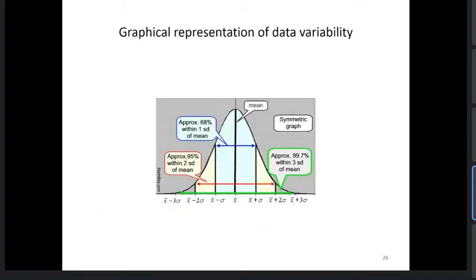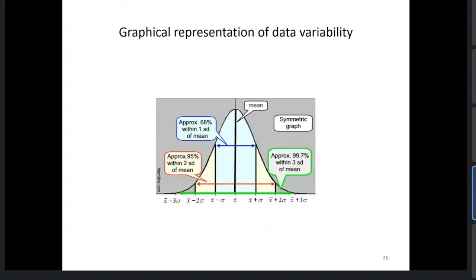This is the graphical presentation of the data variability. What does it mean? You see the mean value here, okay, and all the data points lie on both sides of the mean value. So you see that sigma is the standard deviation. This is the line x bar plus sigma and x bar minus sigma.